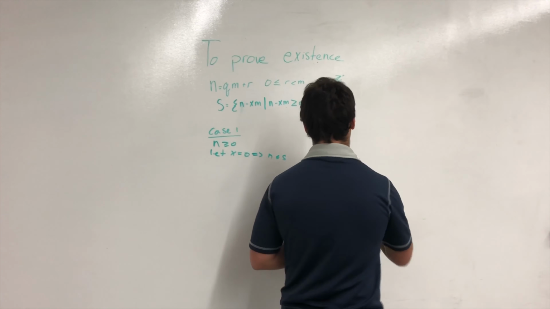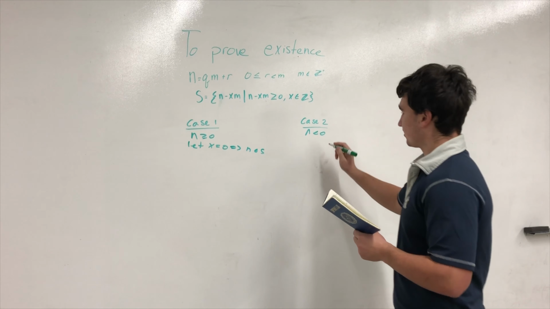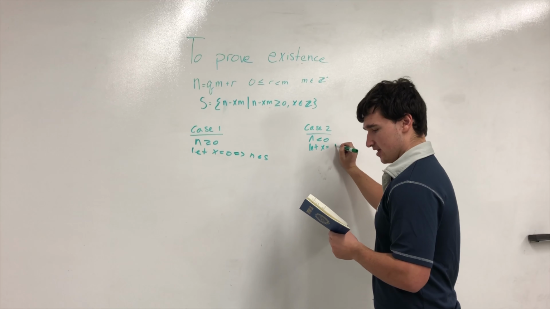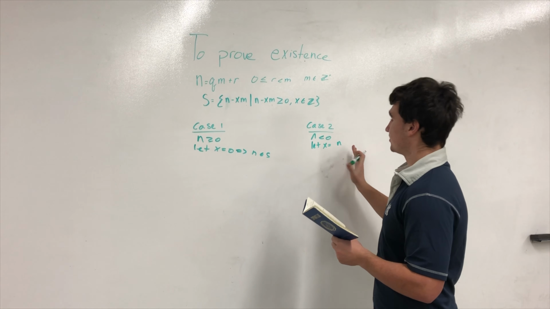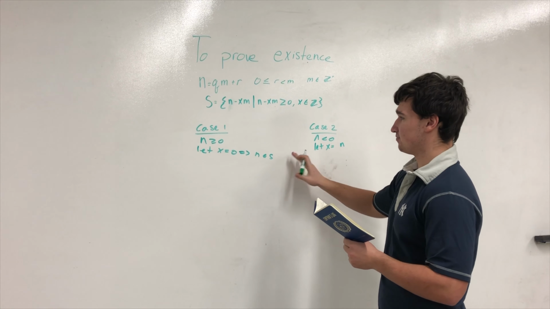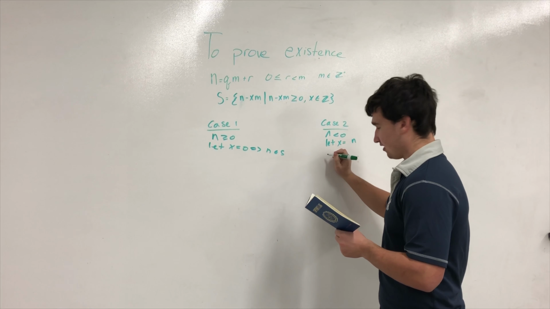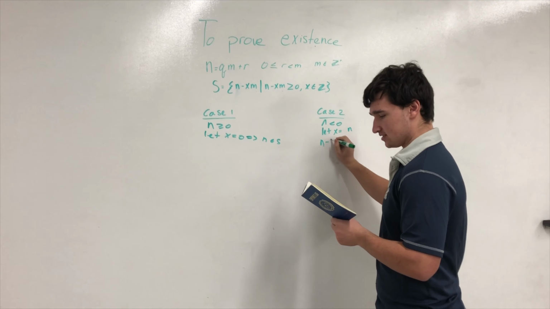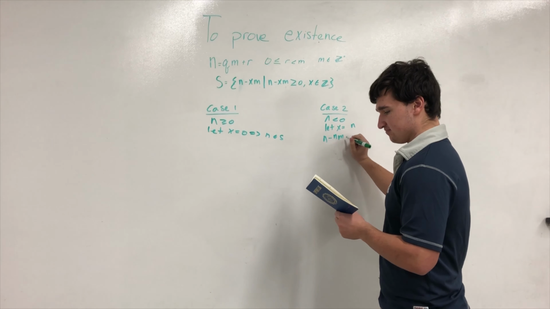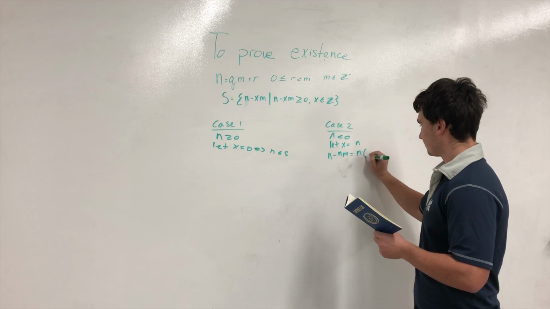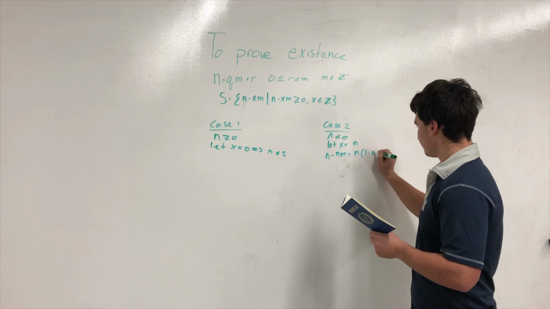And now for case 2, we're going to let x equal n, and then doing the same thing we did for case 1 by plugging in the new x, we get n minus nm, and then this can be simplified to n times 1 minus m.